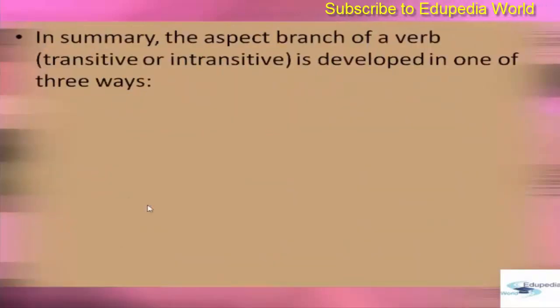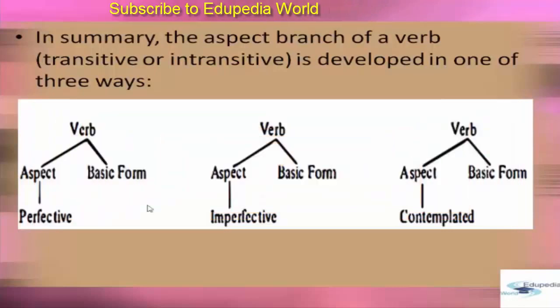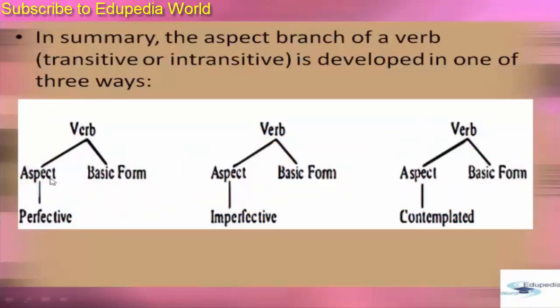In summary, the aspect branch of a verb, transitive or intransitive, is developed in one of three ways. We have here the verb, which is the aspect and basic form again. We have first the perfective, second the imperfective, and third the contemplated.